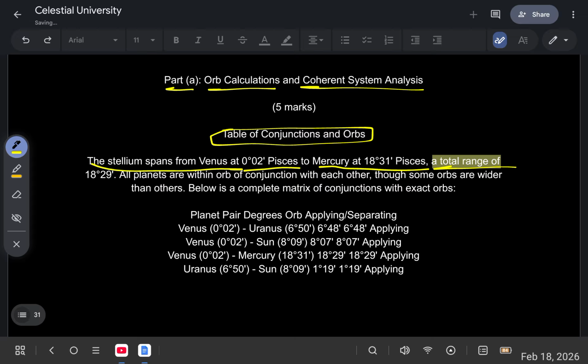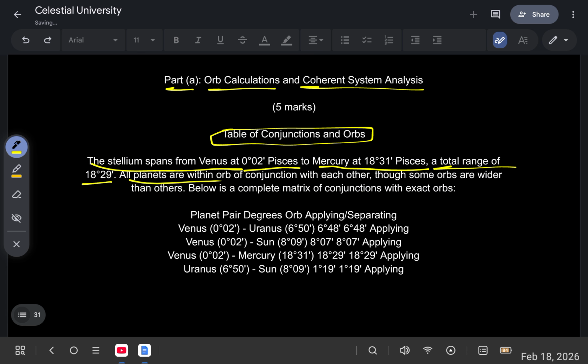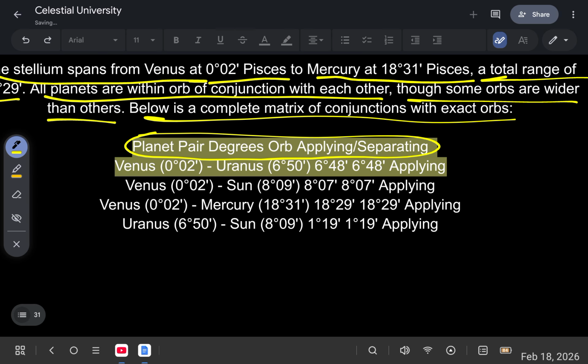It's a total range of 18 degrees 29. All planets are within an orb of conjunction with each other, though some orbs are wider than others, and below is a complete matrix of conjunctions with exact orbs. We look at our planet pair degrees in the orb applying and separating.